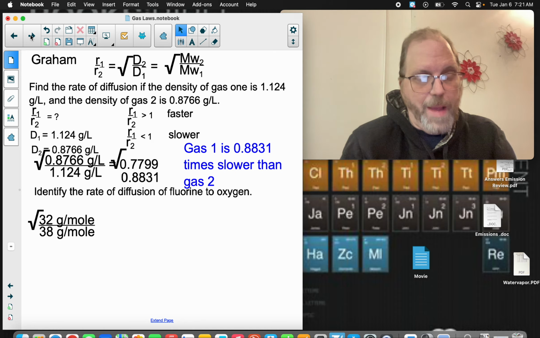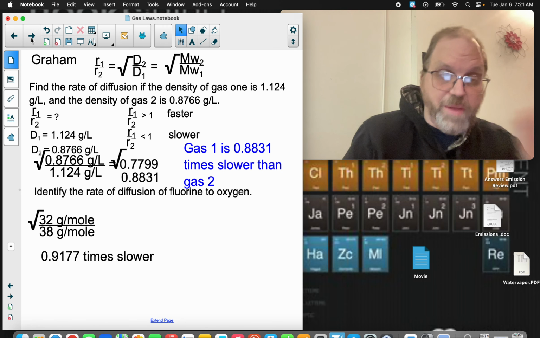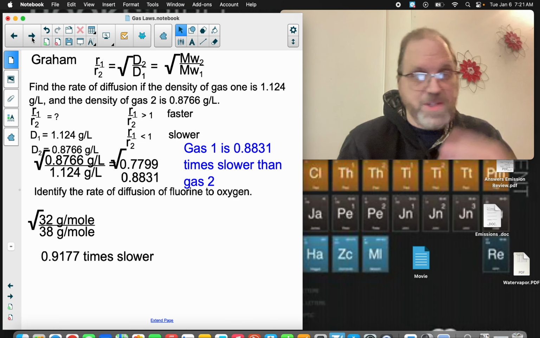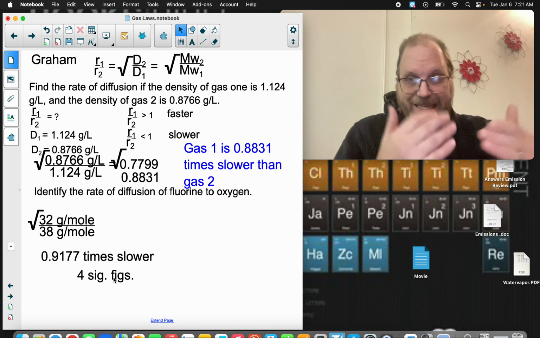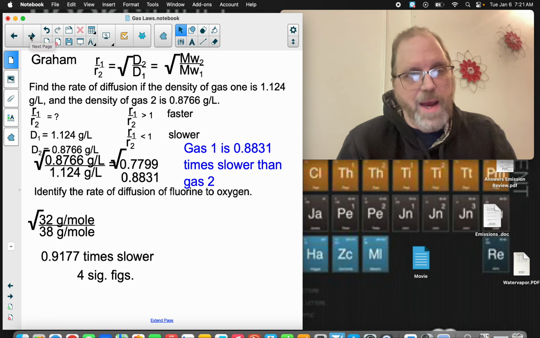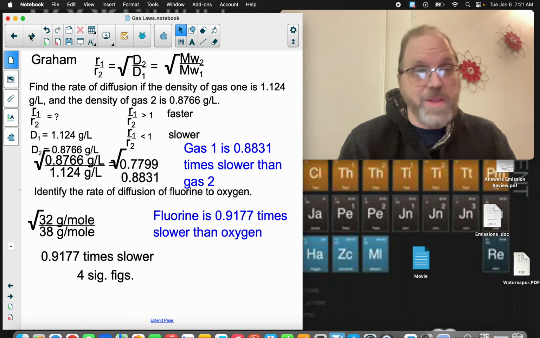Square root of that, I'm going to get 0.9177 times slower, less than 1. I use only 4 sig figs. There's infinite sig figs, so I have to pick a number. For my teaching, I always say do 4 sig figs. When in doubt, do 4 sig figs. All right, so we're going to say fluorine is 0.9177 times slower than oxygen.